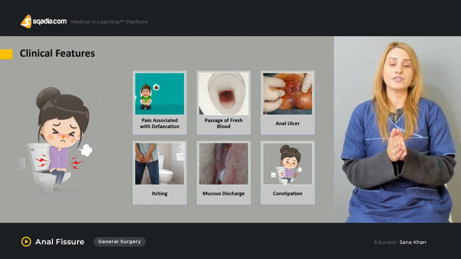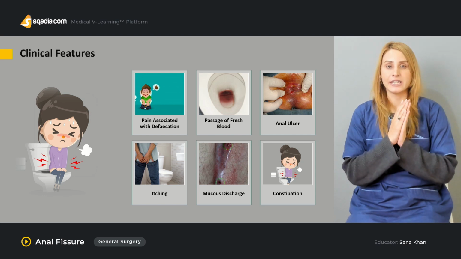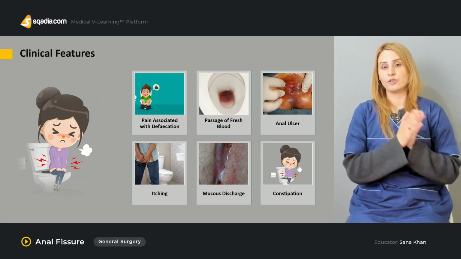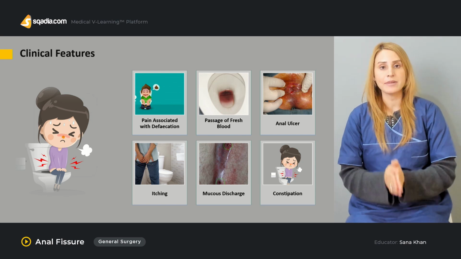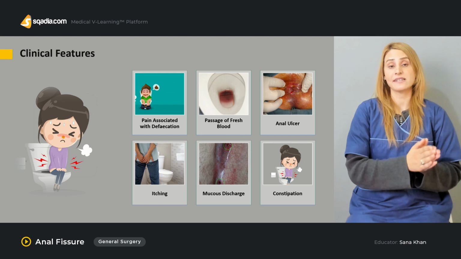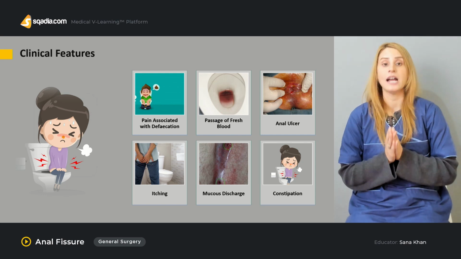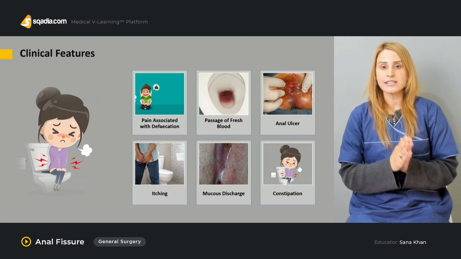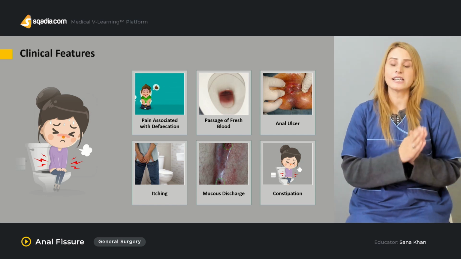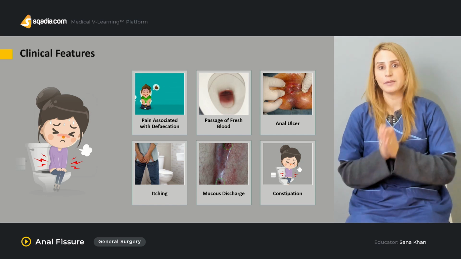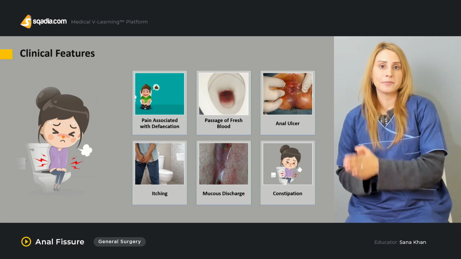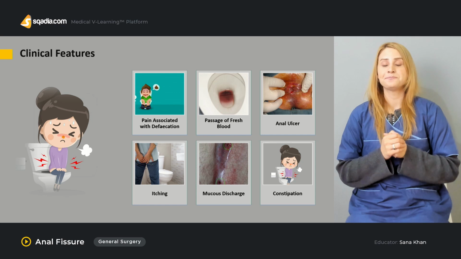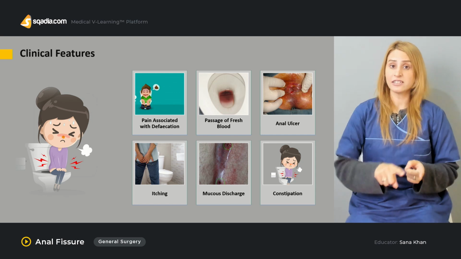Then you have to rule out the anal fissure and the hemorrhoids, and you'll be asking about the history of constipation, the history of repeated trauma, or the history of repeated diarrhea. Then painless or painful defecation: painless defecation is in the hemorrhoids, and painful defecation is in the anal fissure. Then you'll talk about the PR bleeding, how the bleed is.